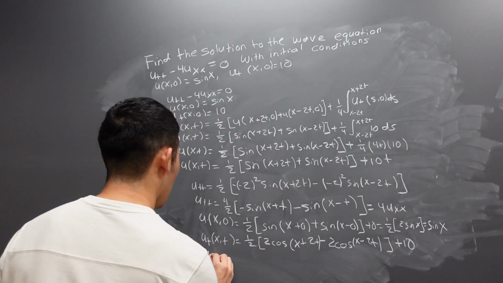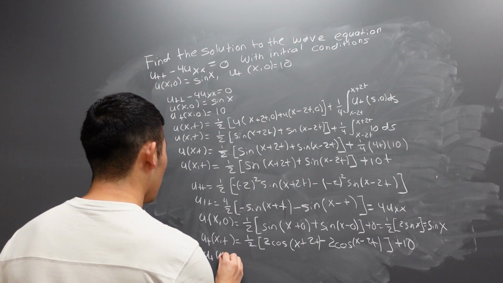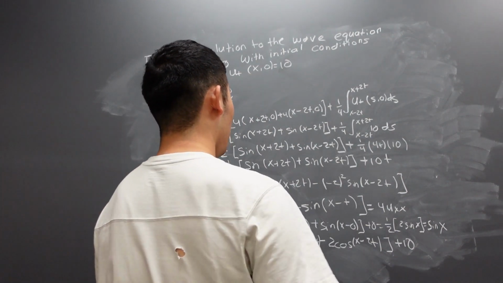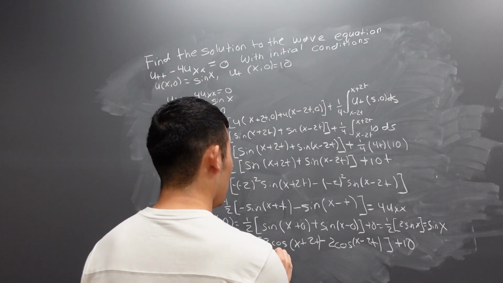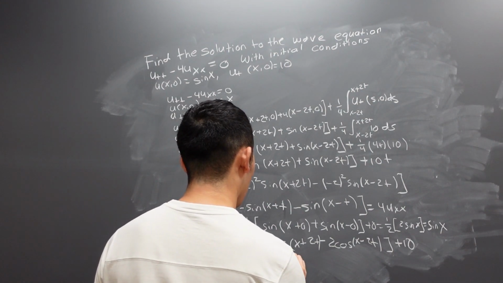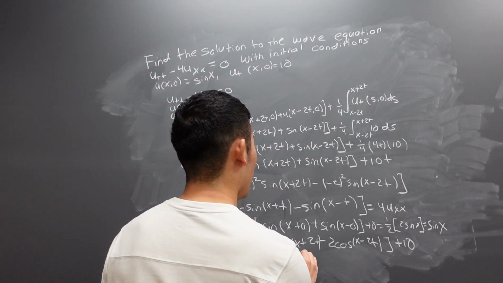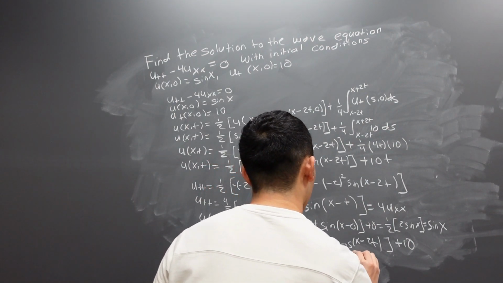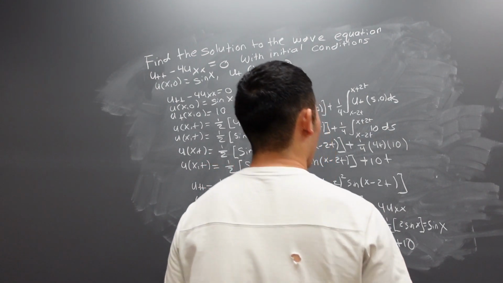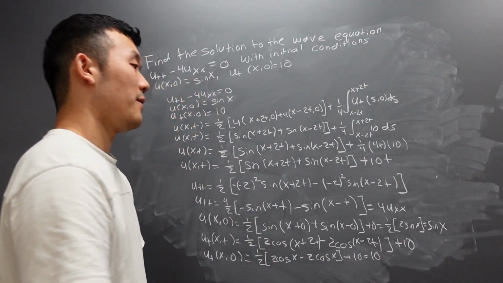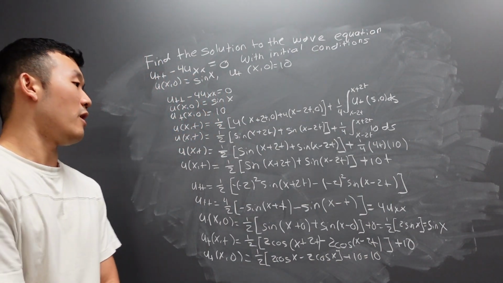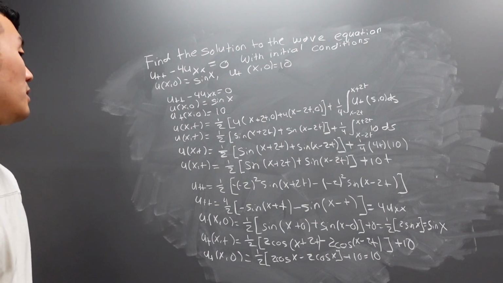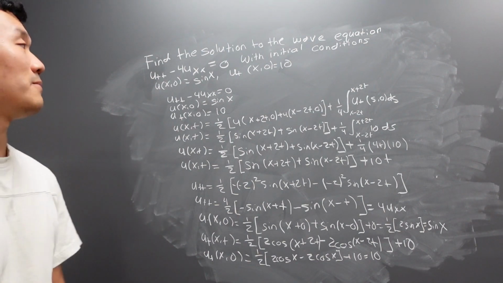And then u_t of x, 0 will be equal to 1/2 times 2 cosine of x minus 2 cosine of x plus 10, which would be equal to 10. And therefore, we solve the initial value problem from these equations.